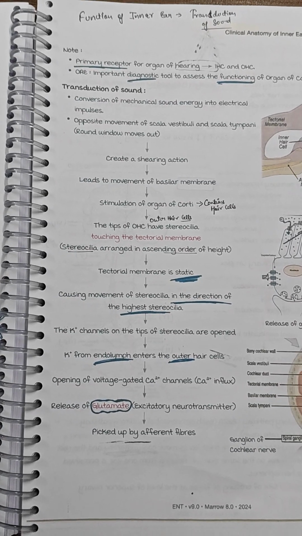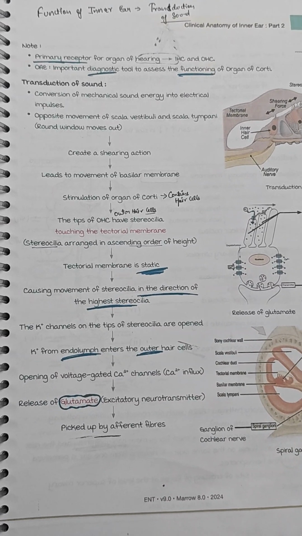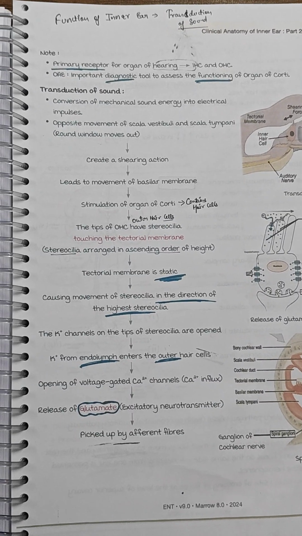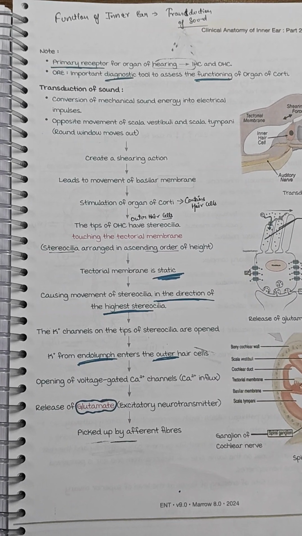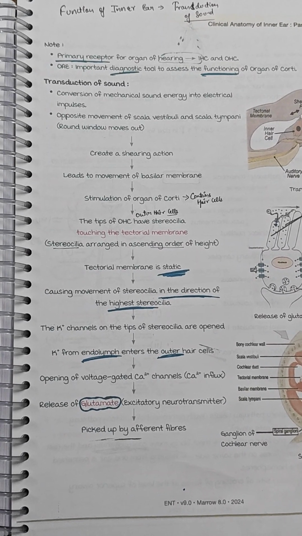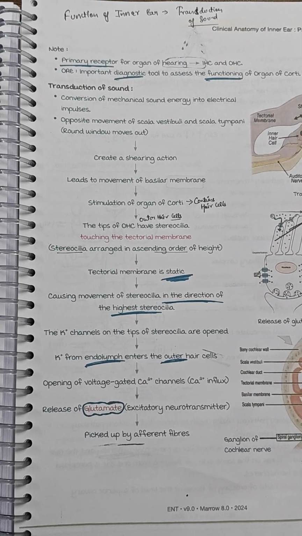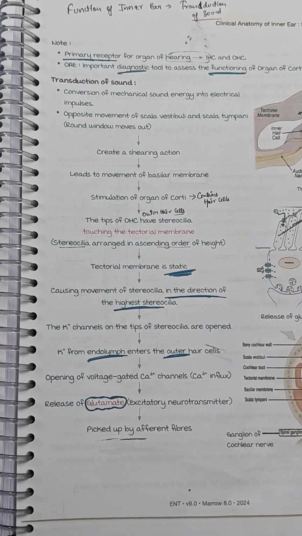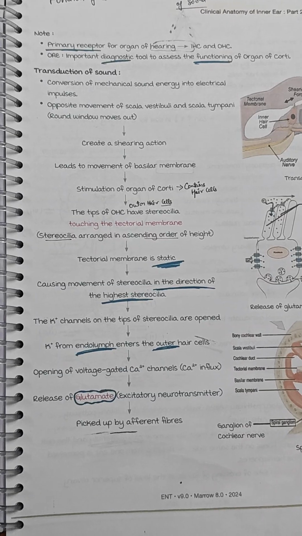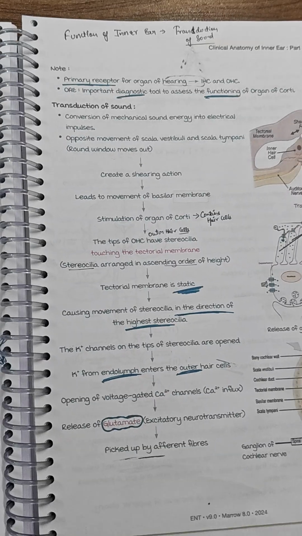Here the mnemonic can be SLIM: S for the superior olivary complex, L for the lateral lemniscus, I for the inferior colliculus, and M for the medial geniculate body. From the medial geniculate body, the auditory fibers pass through the posterior limb of the internal capsule.